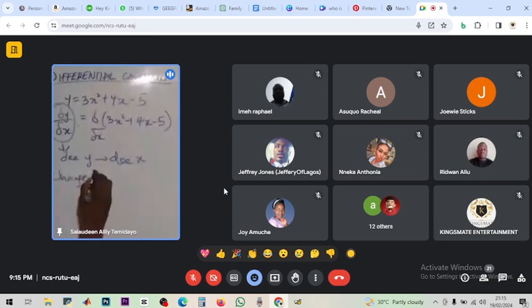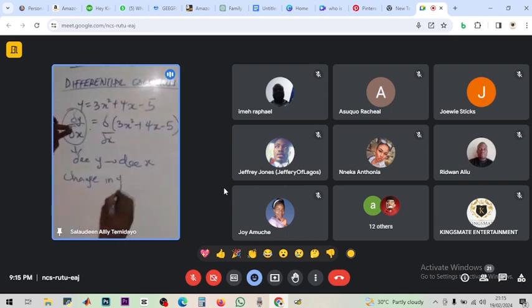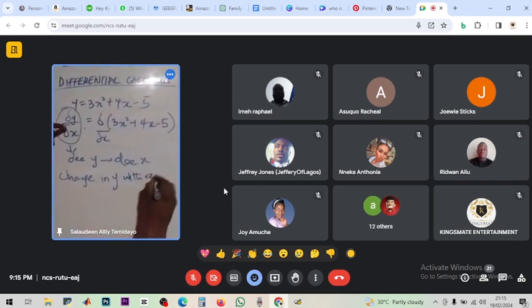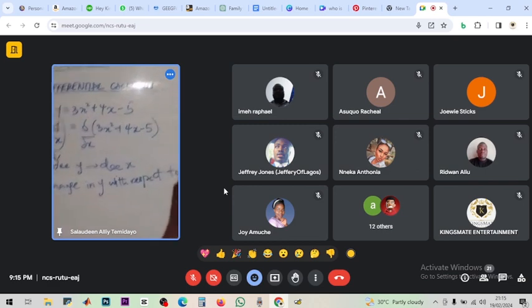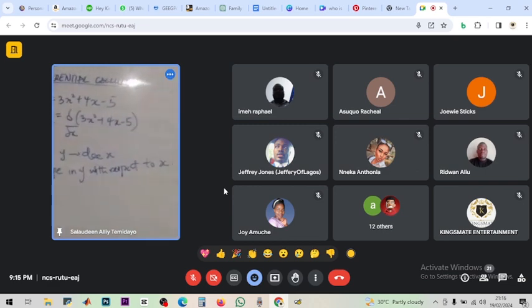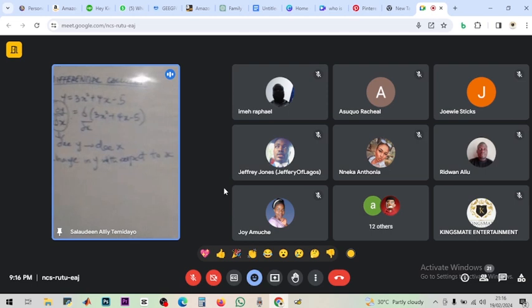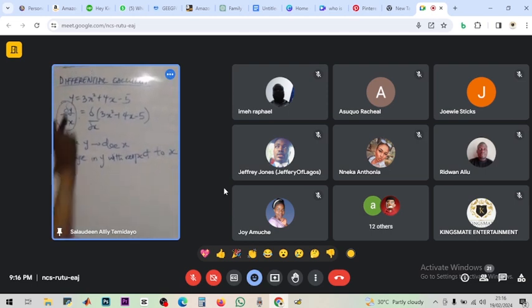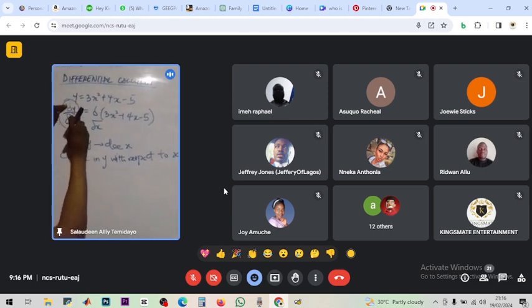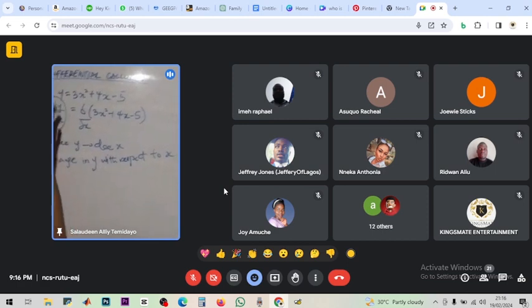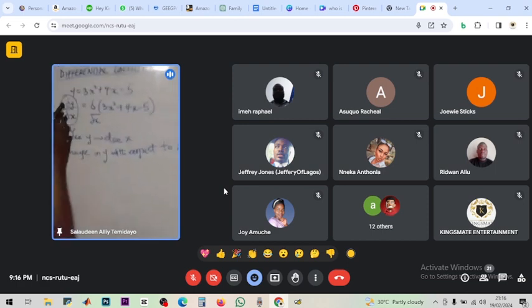Okay, so dy dx means change in y with respect to x. That's the meaning. Look at the d very well. This d I'm talking about is the increment, d of increments.